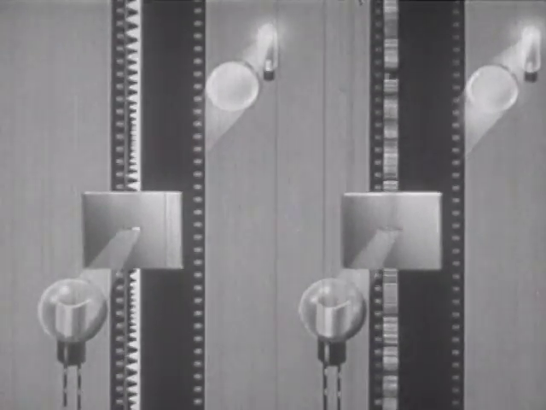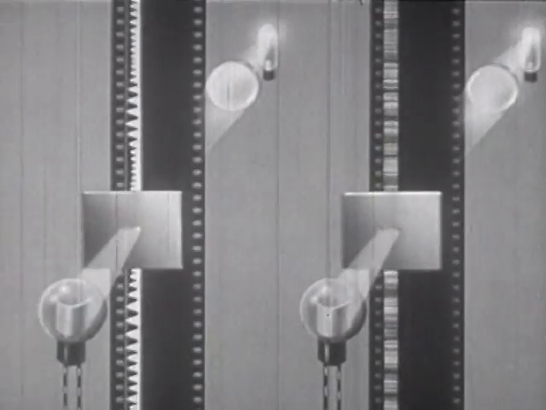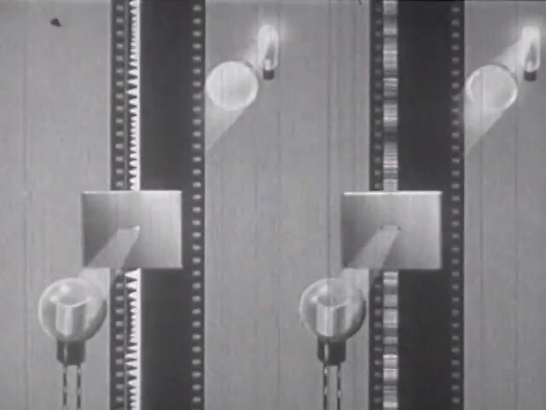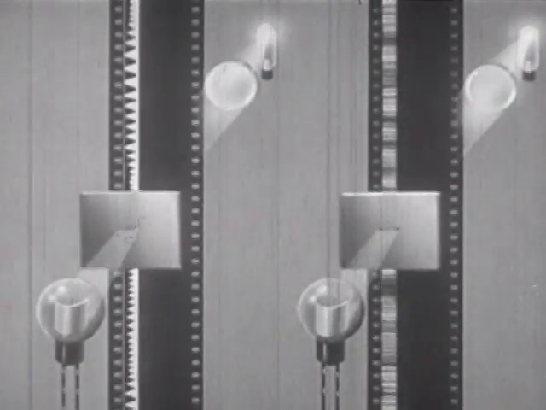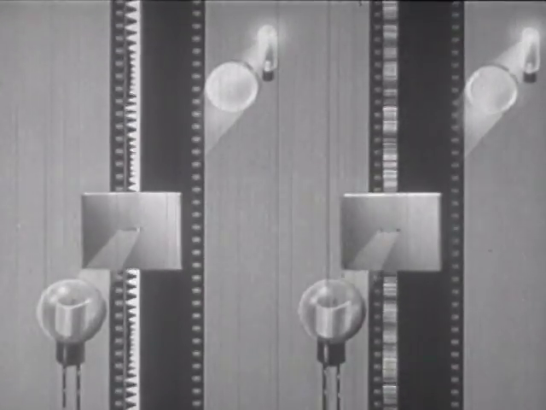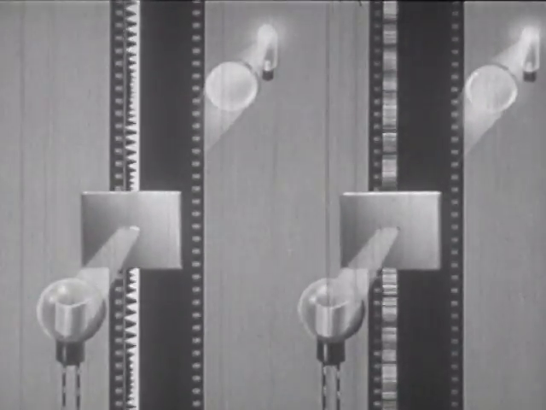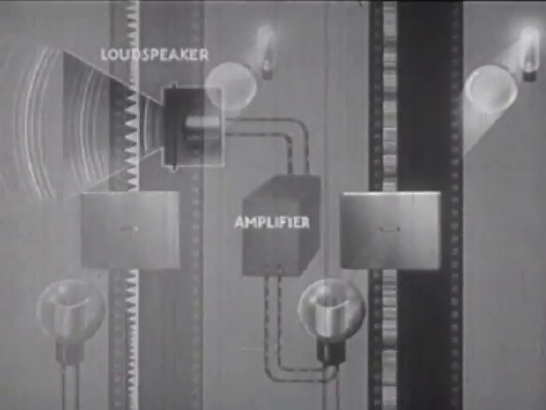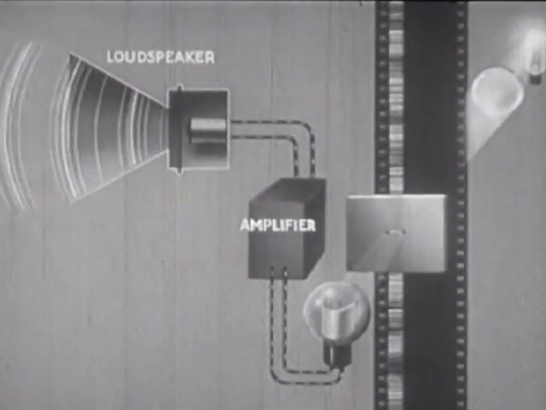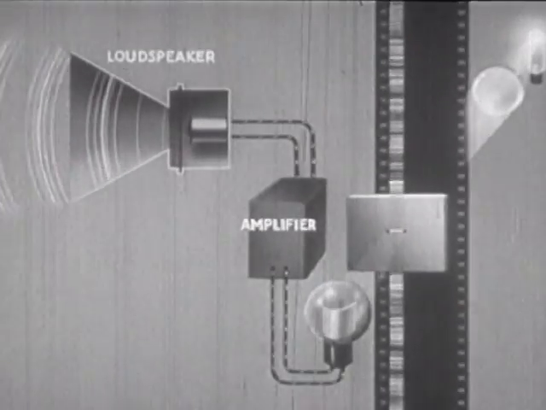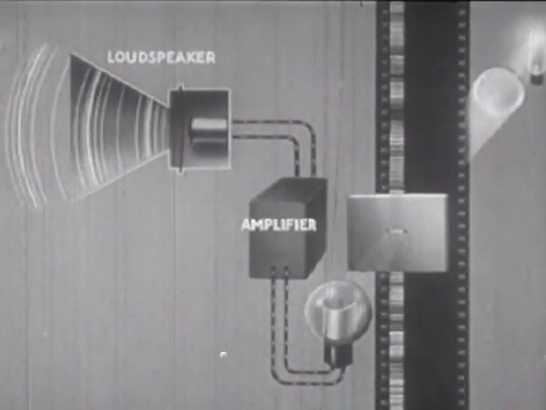This varying beam of light falling on the photoelectric cell produces variations in the electric current which are directly proportional to the variations in the light beam. As the varying electrical current in the photoelectric cell is small, a vacuum tube amplifier is required to increase it to the point where it will operate a loudspeaker.